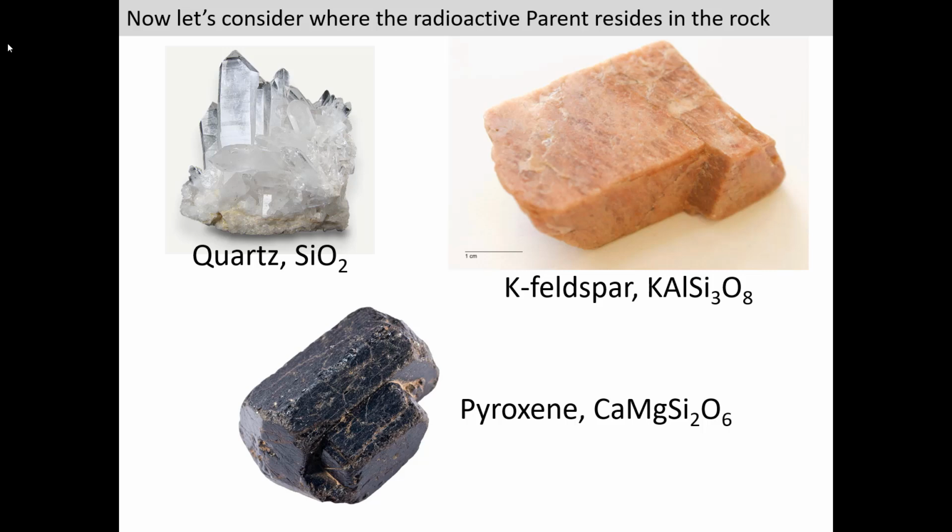As an example, let's imagine a rock that only consists of 3 minerals: quartz with a formula SiO2, potassium feldspar, sometimes called K-spar, with a formula KAlSi3O8, and a pyroxene with a formula CaMgSi2O6. These are the only 3 minerals in the rock, and so these are the only 3 places that can host rubidium or strontium.